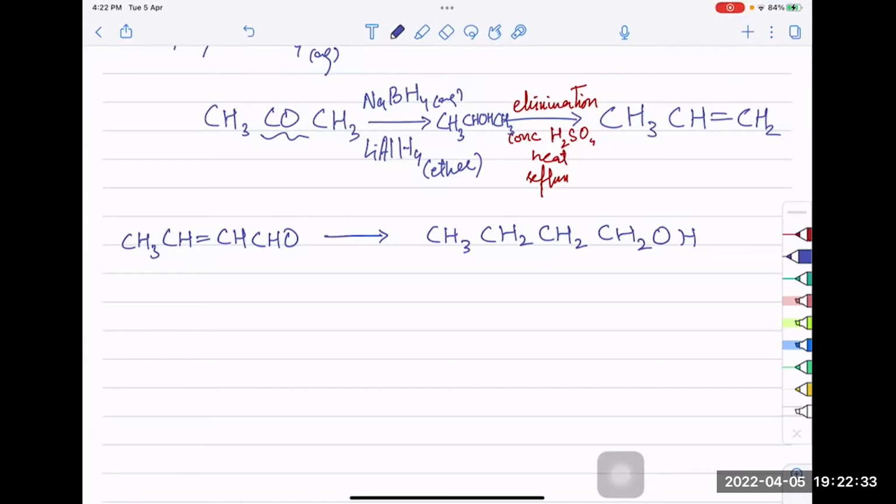Aldehyde to alcohol. So there are two reactions here. Number one, aldehyde to alcohol. And secondly, alkene to alkane.